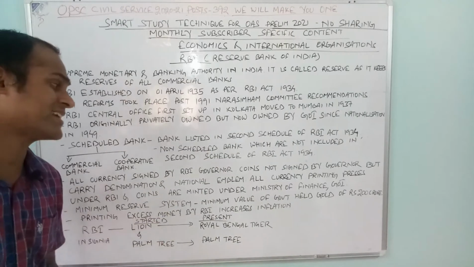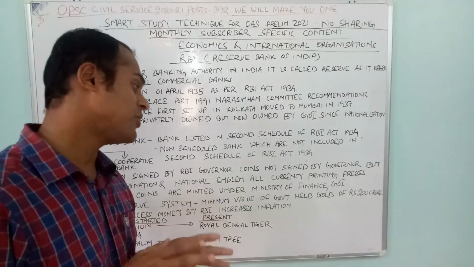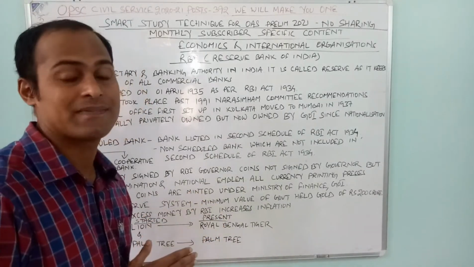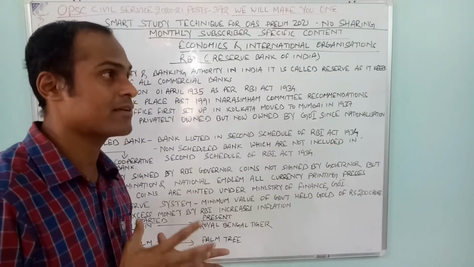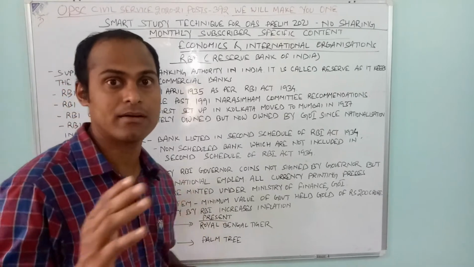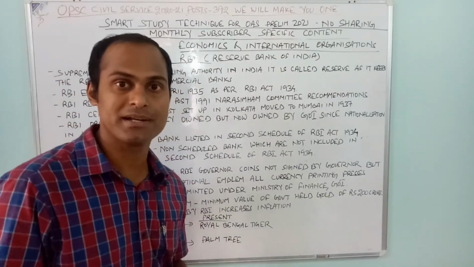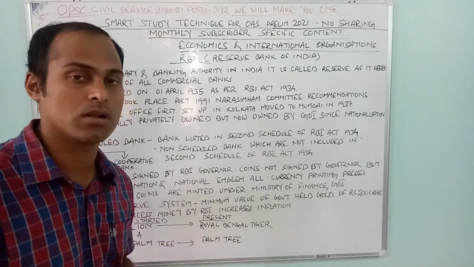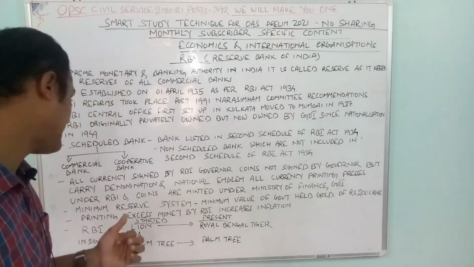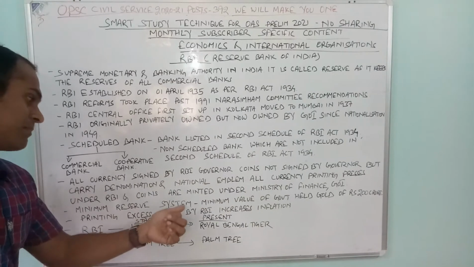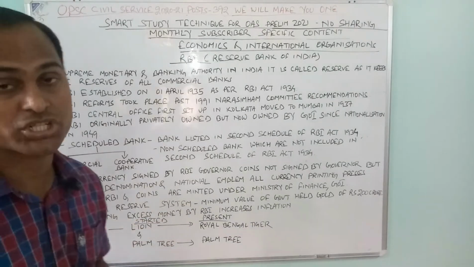Minimum reserve system. What is the minimum reserve system? The minimum value of government held gold is 200 crores worth of gold. Whatever currency is printed, at least 200 crore worth of gold is kept in reserve. Then, printing excess money by RBI increases inflation.